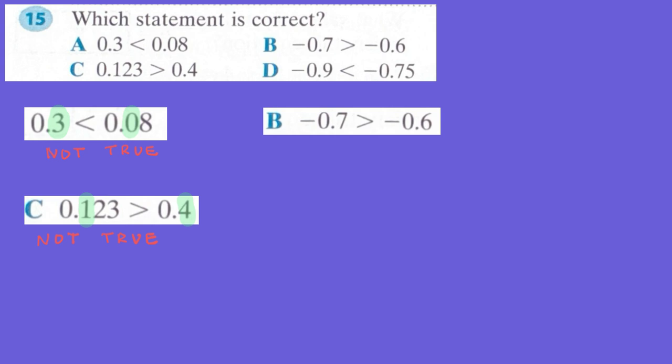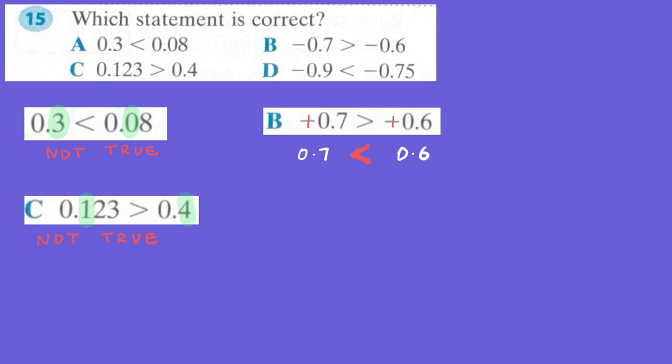If I write that this is 0.7 and I'll write that this is 0.6, that means that I've made that positive and that positive as well. If I do that, there's something else I need to do, and this is very important. I need to change the sign as well. So what was greater now becomes less than.